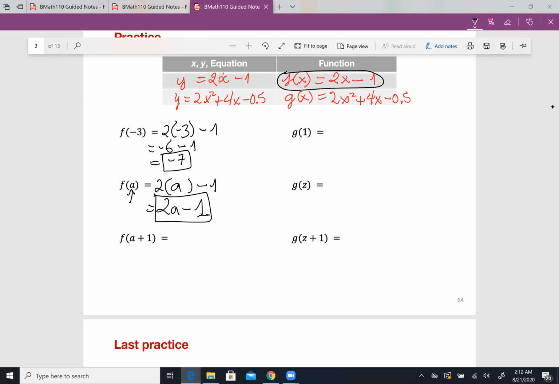Okay, what about f of a plus 1? Do you know that? All the things inside the parentheses of f here is the input. So the input now is a plus 1. So I'm gonna have 2 times input minus 1, and what is the input? a plus 1, right?